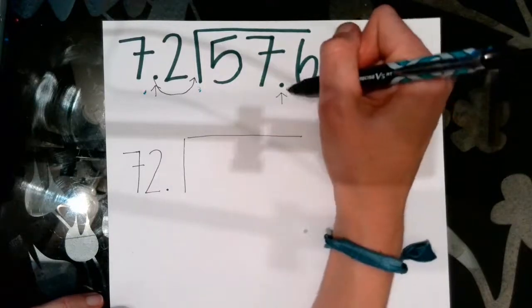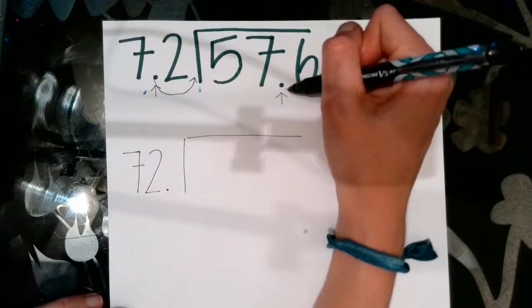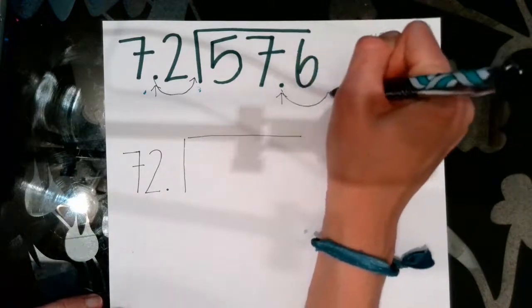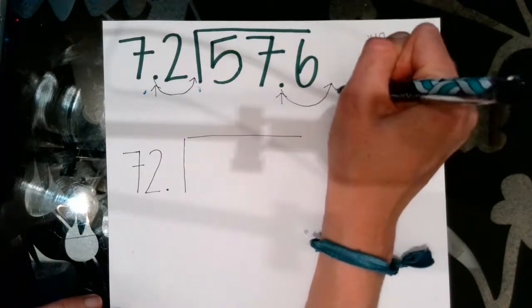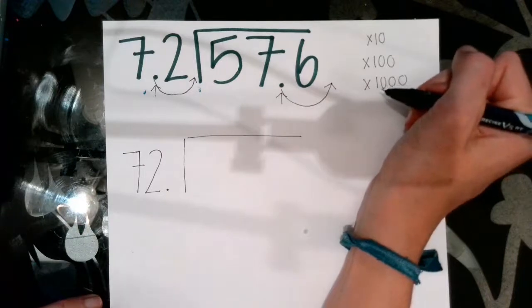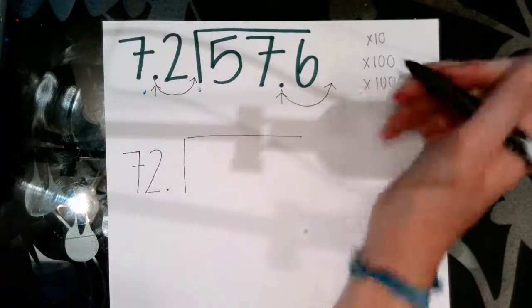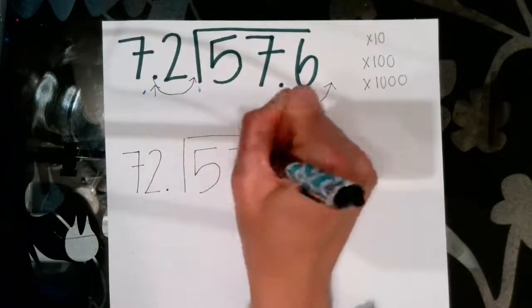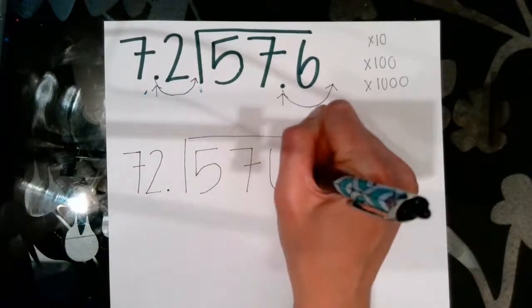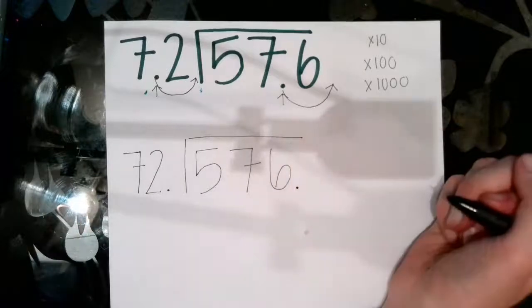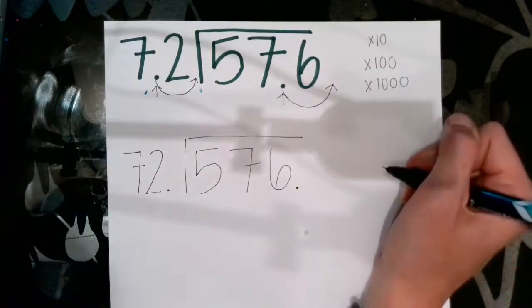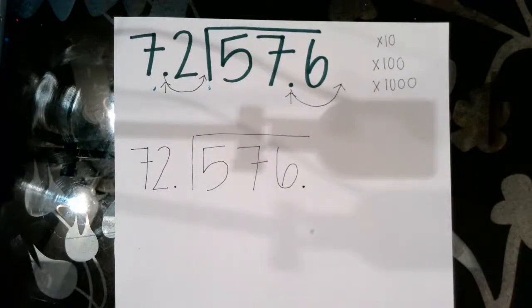So if I multiply 57 and 6/10 times 10, every number is moving one place to the left, so it's getting bigger, and I would end up with 576 and my decimal at the end. And now I'm ready to divide.